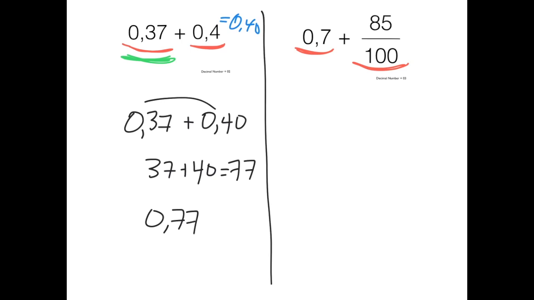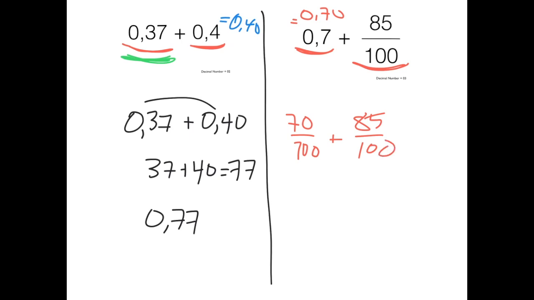Now if we move to our second expression, I'm actually going to change both of these into fractional representations of decimal numbers. The first equivalency that I need to recognize is that 7 tenths is the same as 70 hundredths. And then I'll write both of those numbers as fractions.